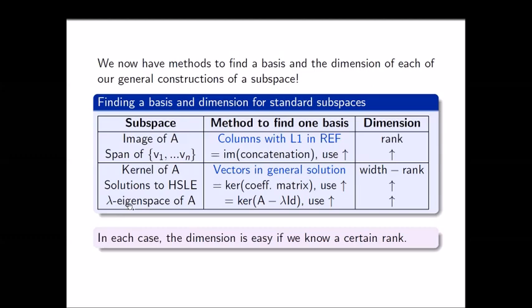For the lambda eigenspace of A, we compute the matrix A minus lambda I, and then we try to compute a basis of its kernel. We again use the same method as we learned in this episode. And for dimension, again, it's the width of A minus lambda I minus the rank of A minus lambda I.